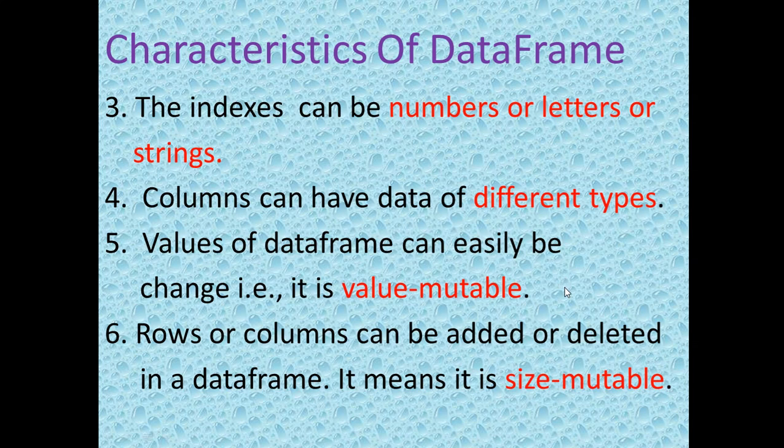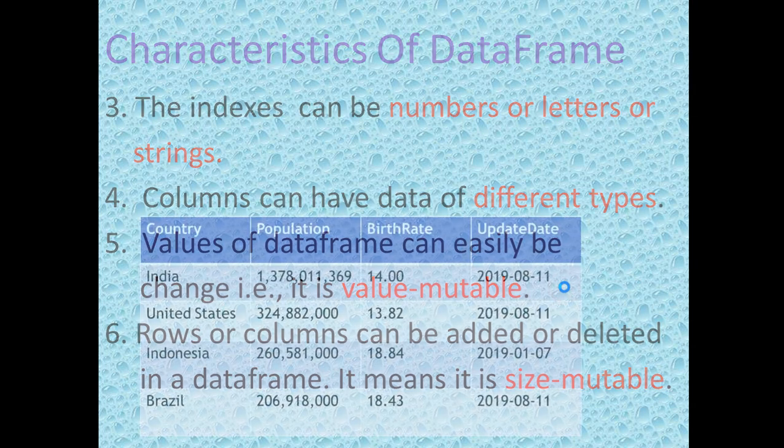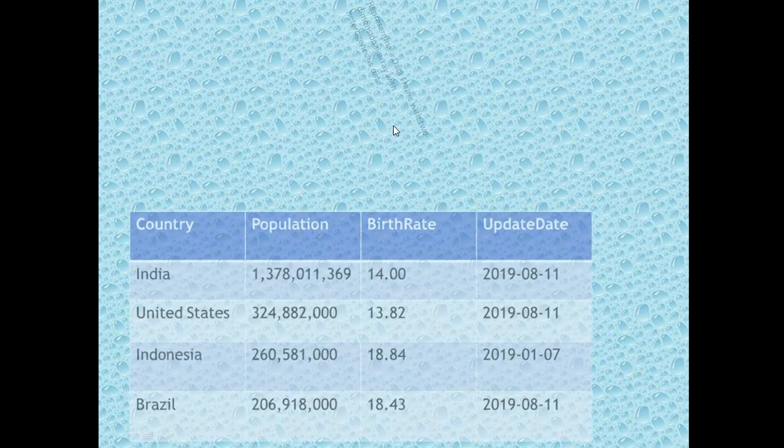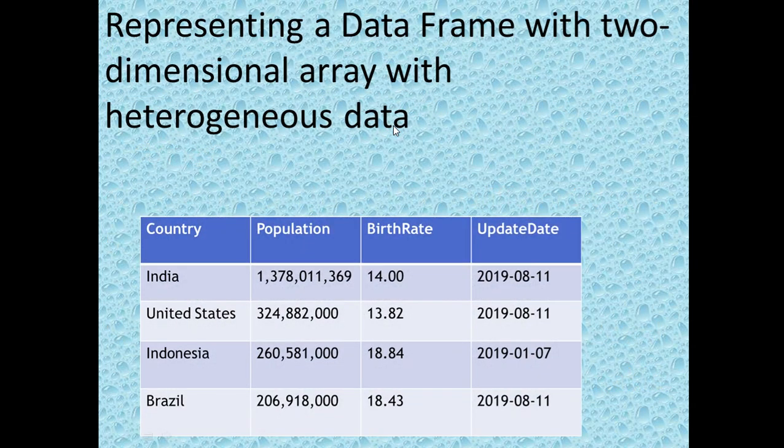Next we will see how a data frame is represented in memory. This is the example which I have taken from the last video class when I discussed pandas. It represents a data frame as a 2-dimensional array with heterogeneous data. Heterogeneous means different types of data.